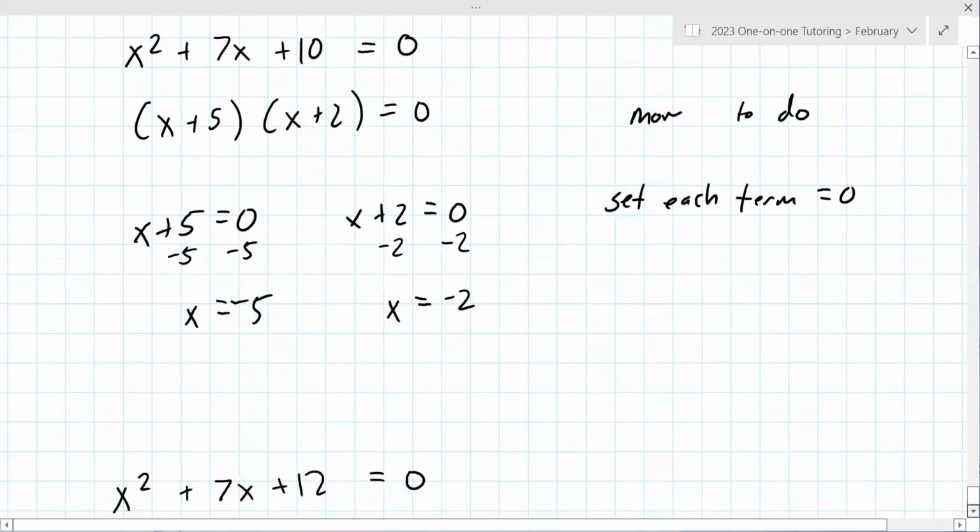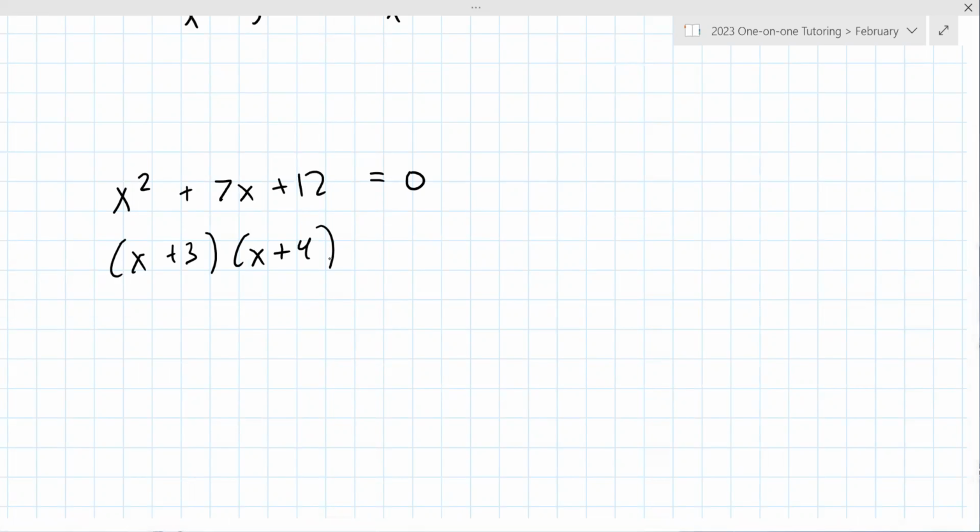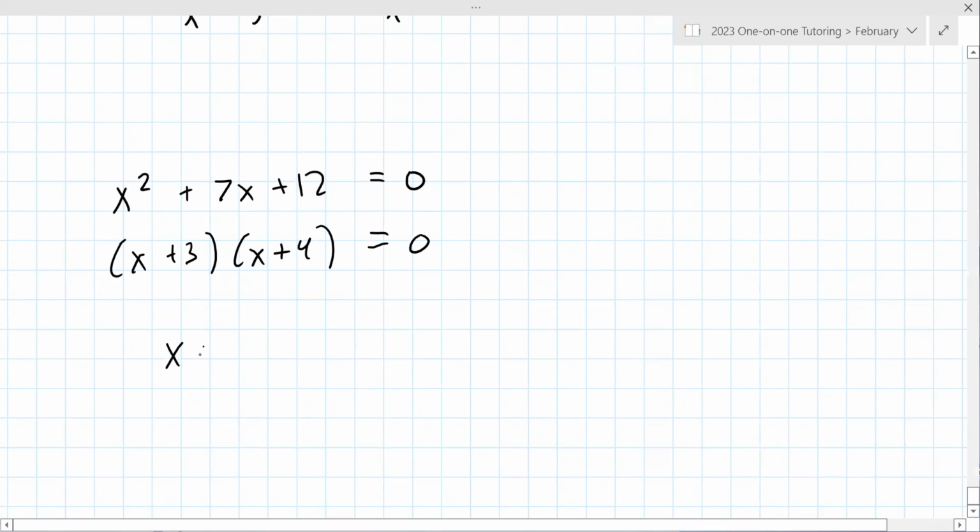Yes. Okay. And then x plus 3, x plus 4. Can you scroll up again? Sorry, you said each of these equal to 0. Oh yeah, oh my gosh.